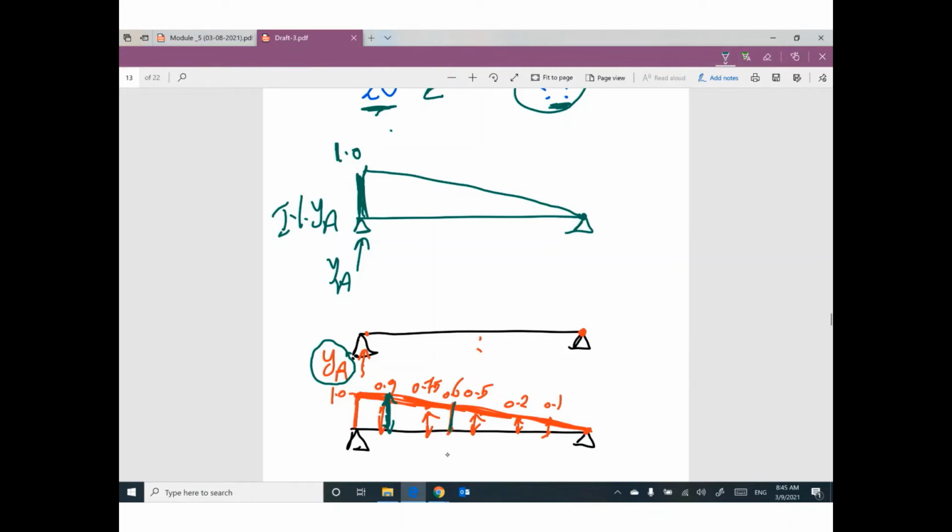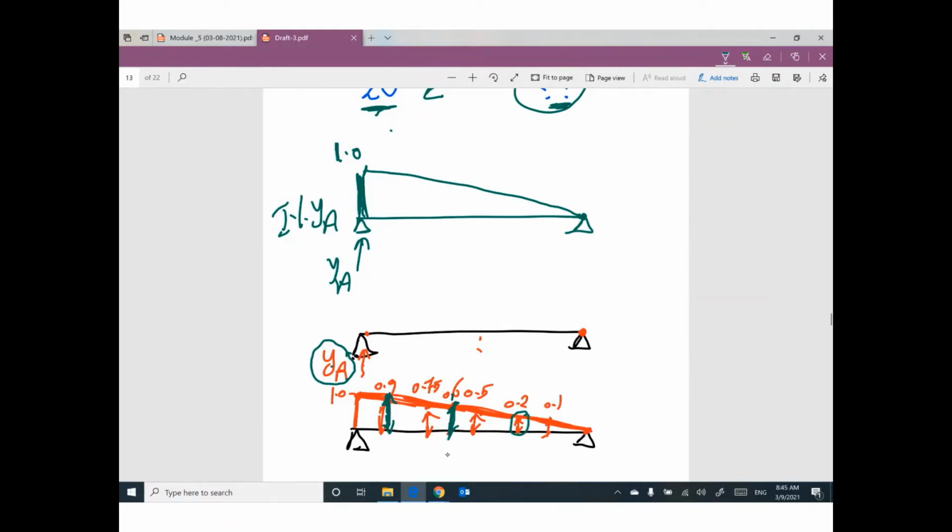What is the meaning of 0.6? 0.6 means reaction at YA equal 0.6 if the unit load is here. What is the meaning of 0.2?